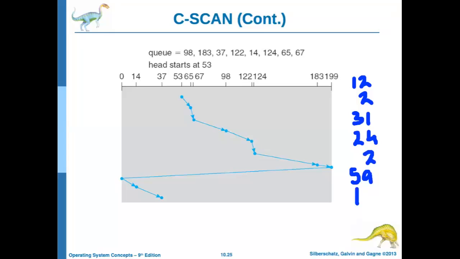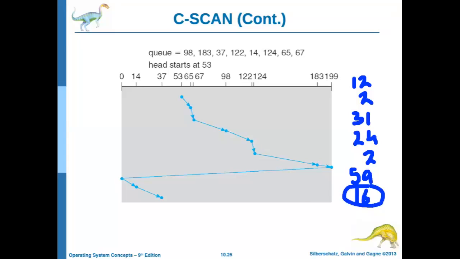Remember, here we are not providing any service. Here we are just moving to one of the ends. This part is important. So still what is remaining? We need to provide service to 14 and 37.